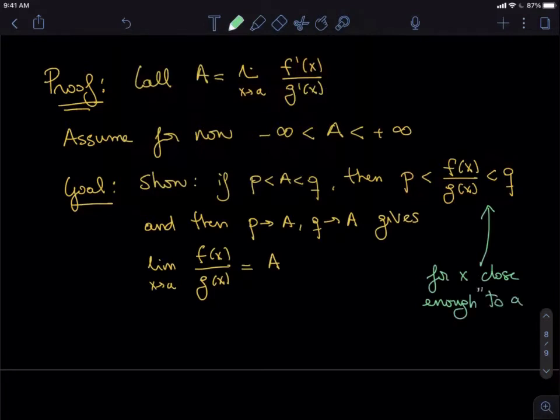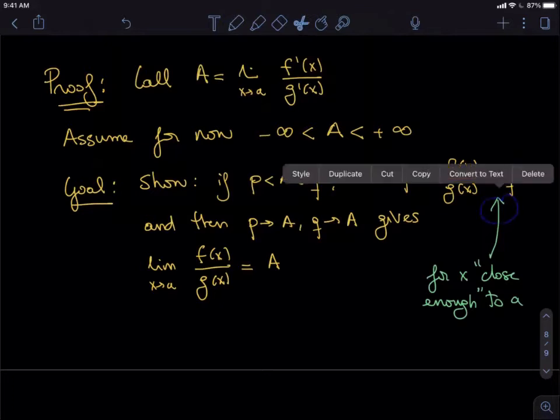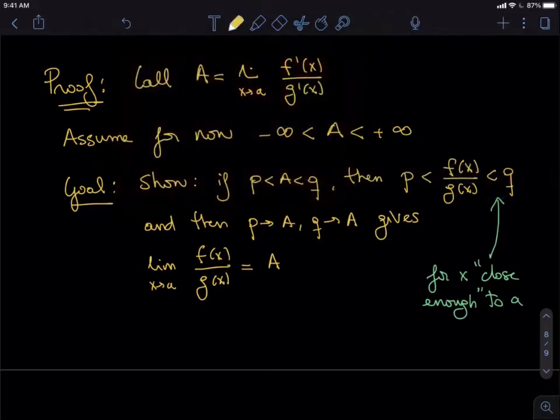And this close enough, we will need to see what that means. The way to make that precise is by using carefully the definition of limit in terms of epsilon delta. So close enough will mean for delta small enough.